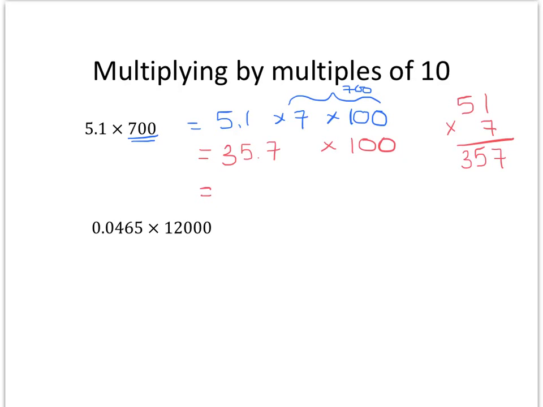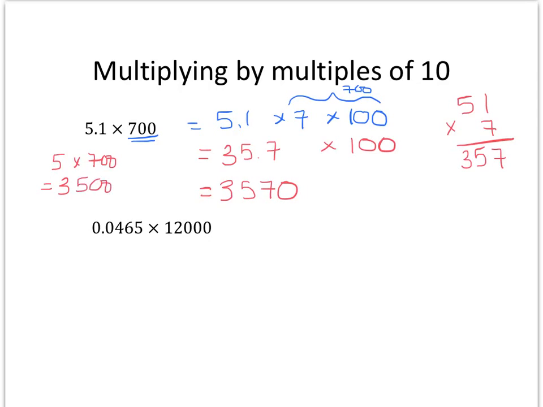So I'm getting 100 times bigger. Gives me the number 3570. Okay, oh, and sorry, I forgot, you can check this by rounding. So if you just did 5 times 700, you should get 3500, which looks pretty close to our answer, 3570.